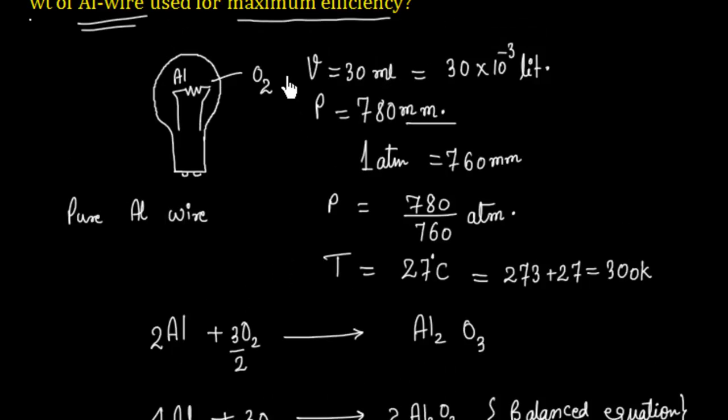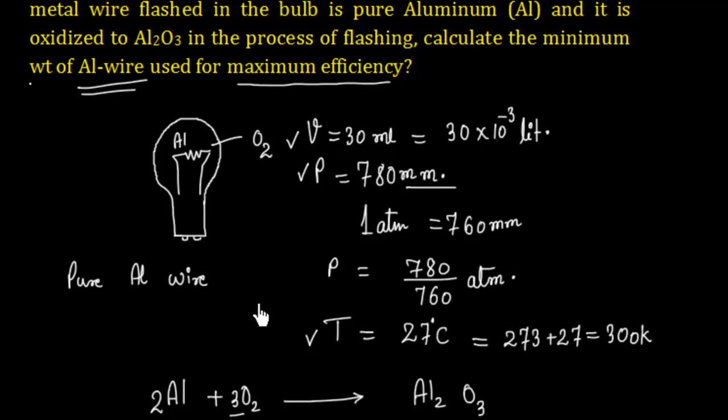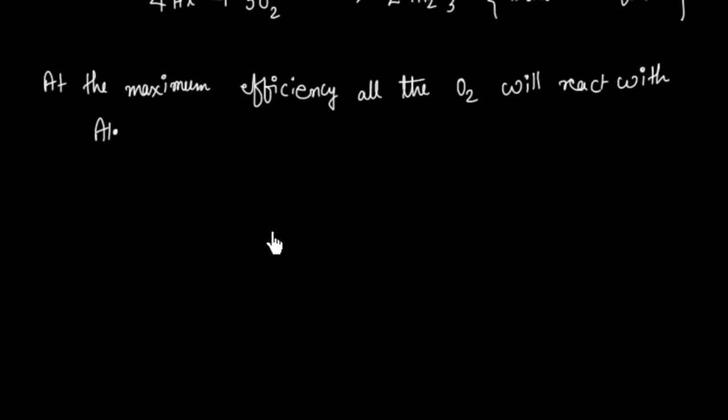We have been given volume, pressure, and temperature. So let us first calculate the mole of oxygen, and for that I have to assume oxygen in this case is behaving ideally. So let us assume oxygen gas is behaving ideally.